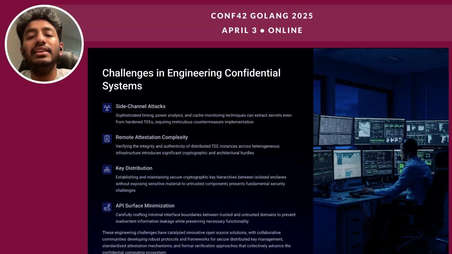And designing minimal APIs between enclave and non-enclave code is critical to reduce data leakage risk. So all these aren't easy problems, but the open source community is making real progress. And projects like Enarx and Gramine and secure key orchestration layers are paving the way for all this.